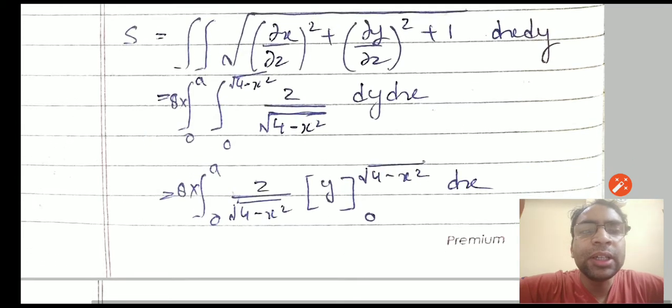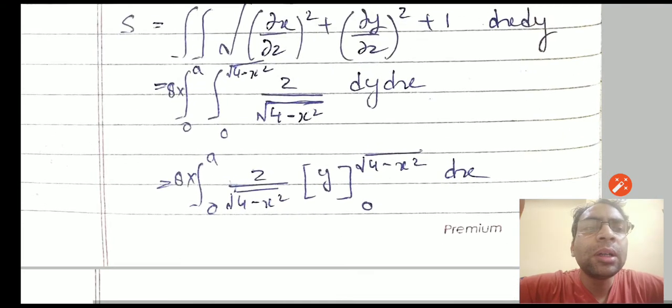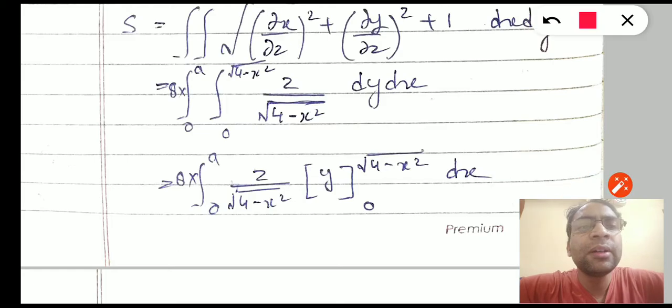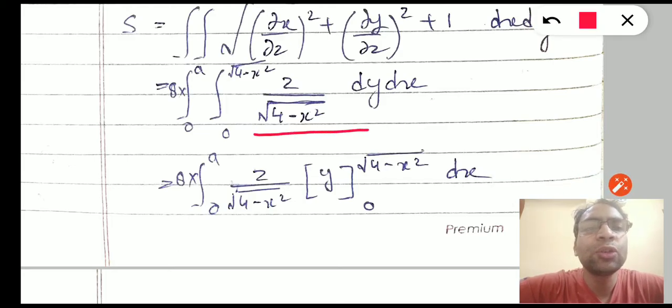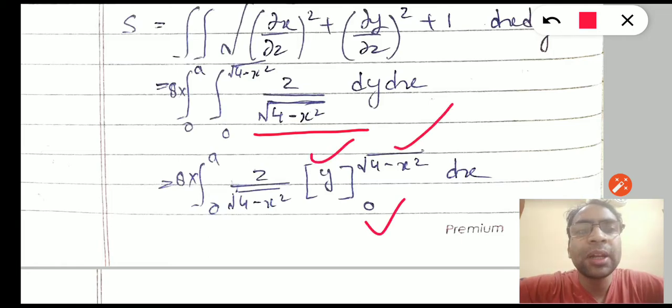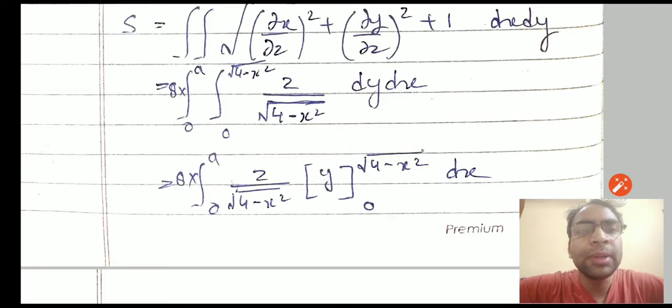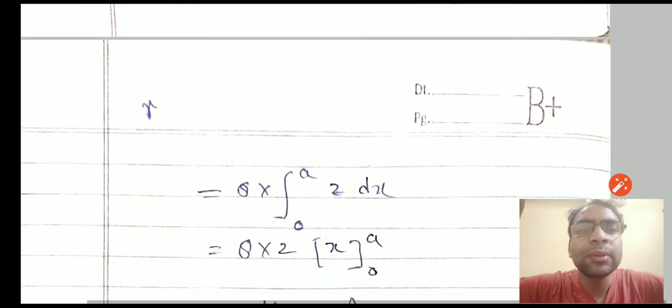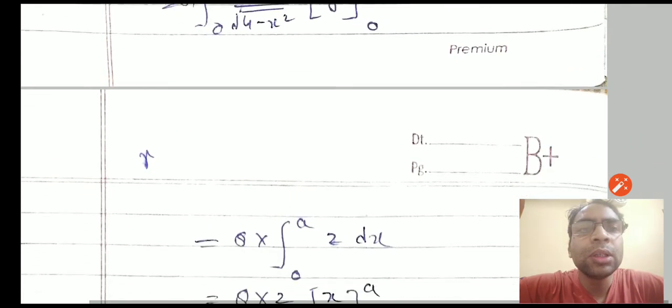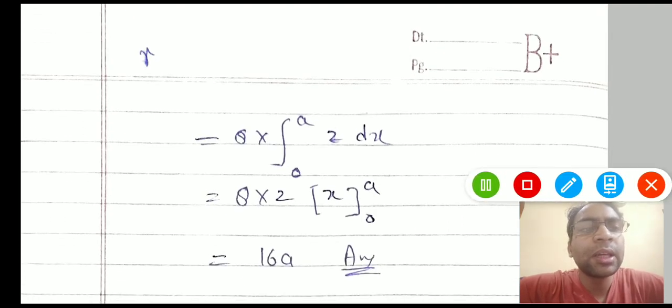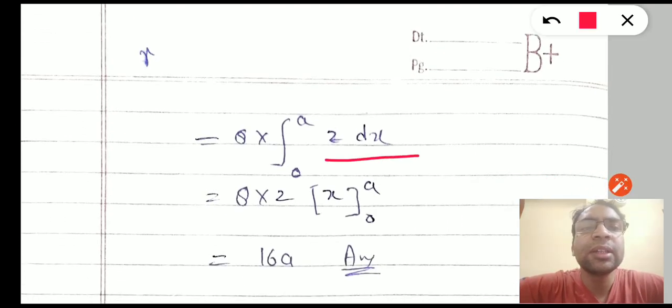Now we need to integrate this, by integrating the first function with respect to y. We take this as a constant, so this will be y, and now we apply the lower and upper limits. Once we apply these limits, we have 2 dx, which is then integrated with respect to x.